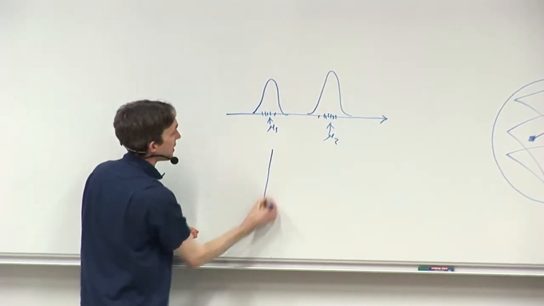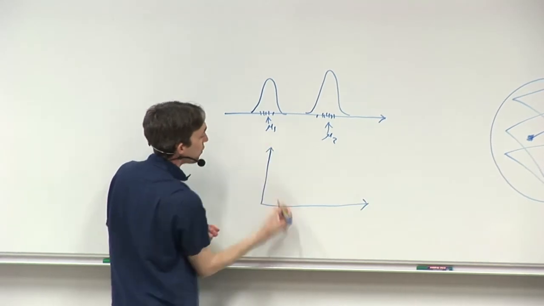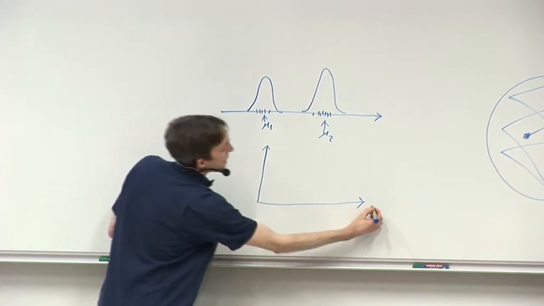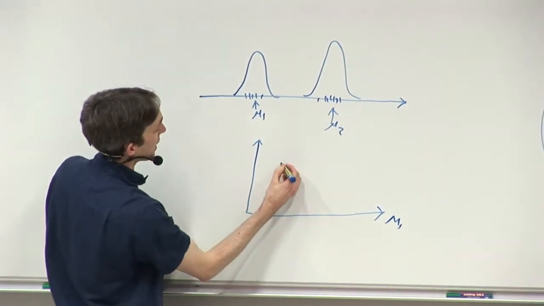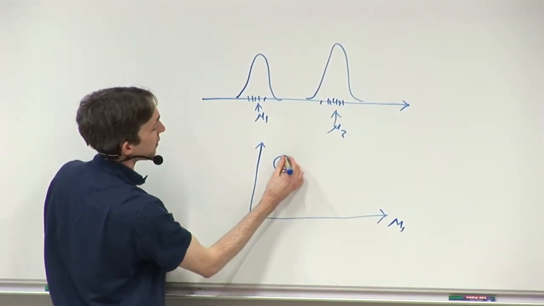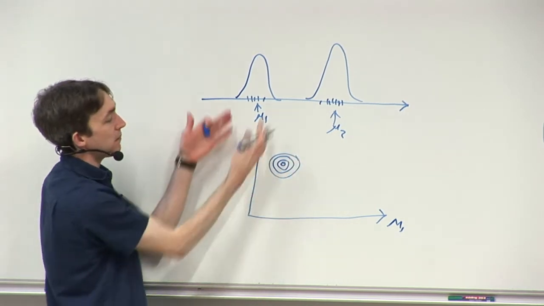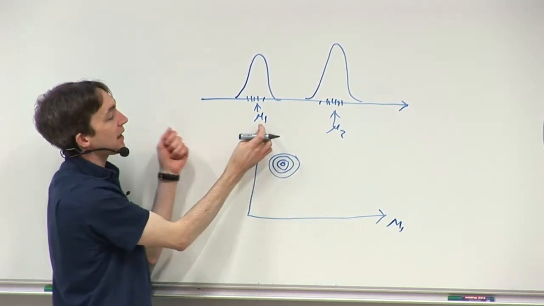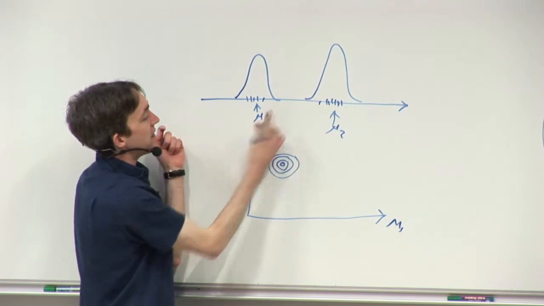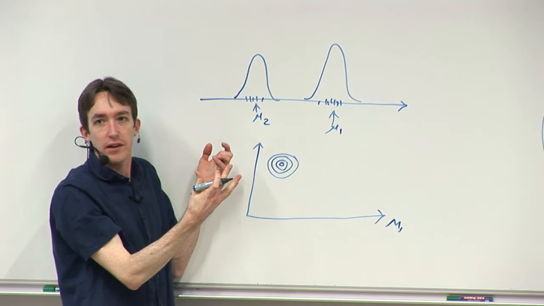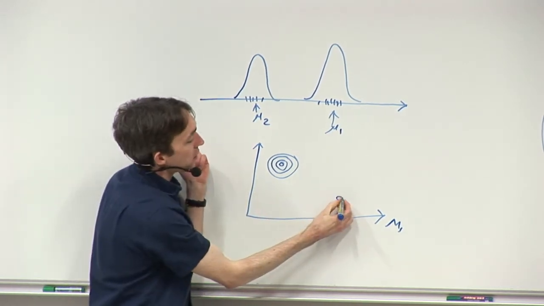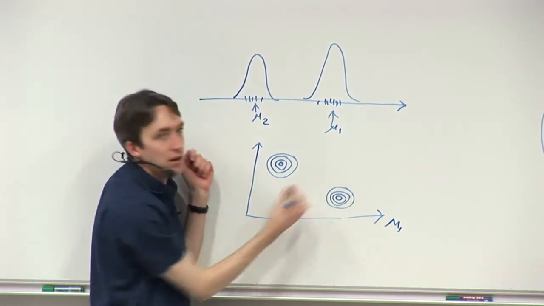Then my posterior distribution says, well, I could have mean 1 being small, and I could have mean 2 being bigger. So I could have some posterior distribution. This is a contour plot of the density saying the means could be around here. But these labels 1 and 2 are arbitrary. An equally good description would be if that was mean 2 and that was mean 1, then it would still fit the data. So you'll have another mode to the distribution down here.